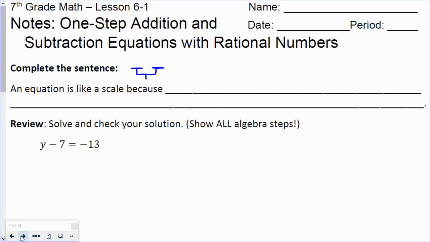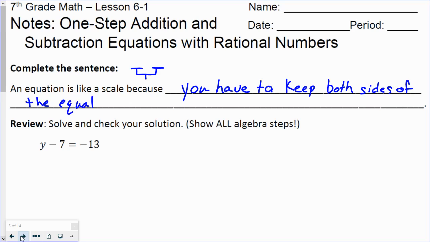An equation is like a balanced scale because you have to keep both sides of the equal sign balanced.